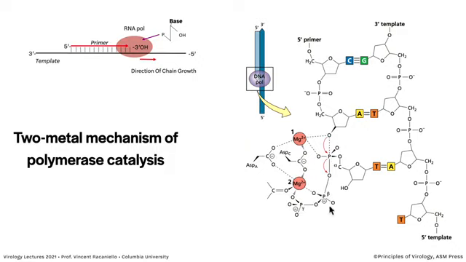And the way these bases are added in the polymerase, as we will see in a moment, there are 2 aspartate residues. That's part of the GDD that I mentioned earlier. Those 2 aspartates coordinate magnesium ions, which in turn help coordinate the phosphates.